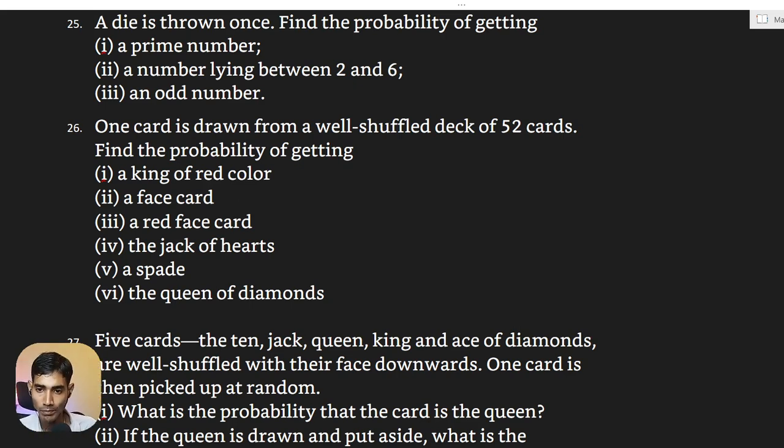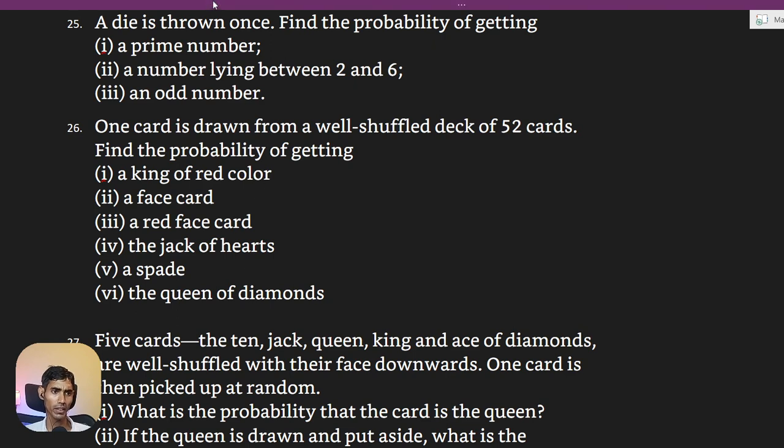Are we done? Okay. Who raised hand first? Okay, Nandita. So first one is 1 by 26. Okay, 2 by 52 is 1 by 26.